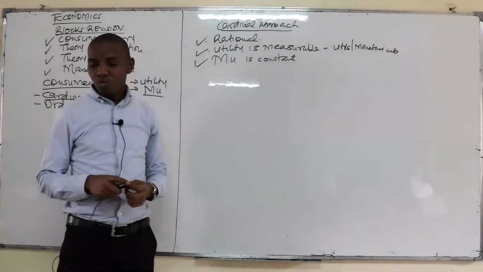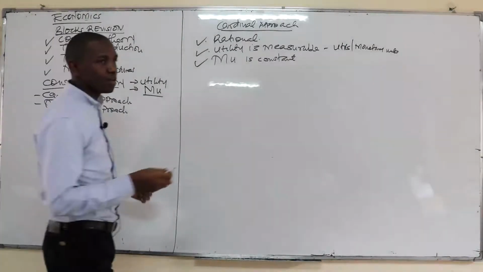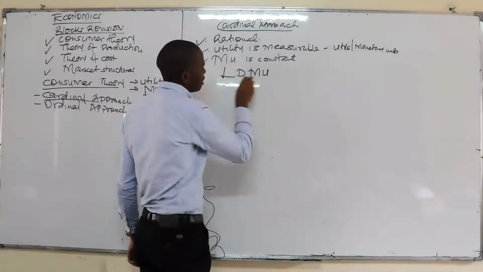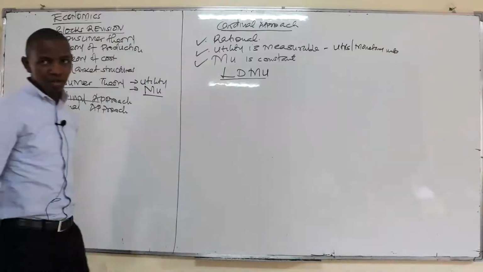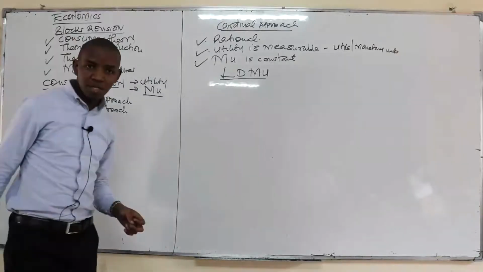Which now brings us to the law of diminishing marginal utility. And what does the law of diminishing marginal utility state?